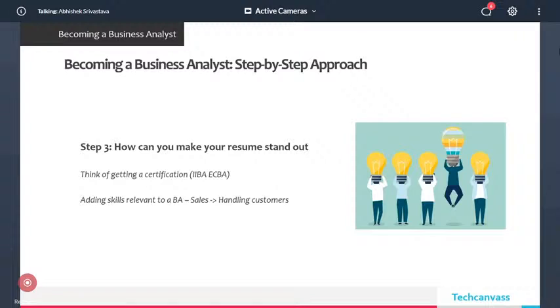Then, in the same way, start working on your resume because some kind of dressing is required to be done in your resume. If you come from XYZ background and you just submit the same resume, absolutely no chance of you getting selected.